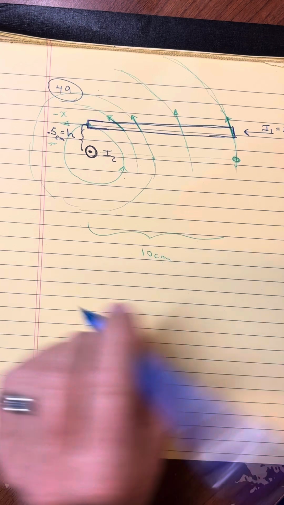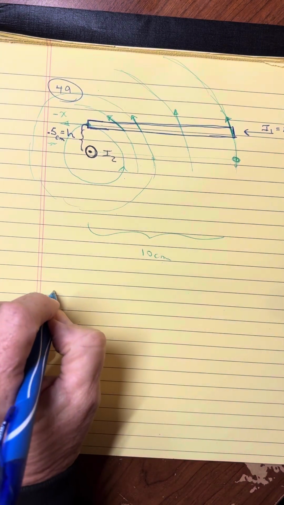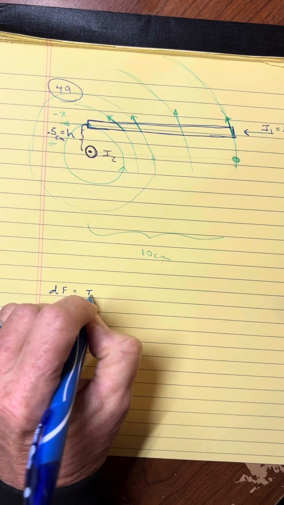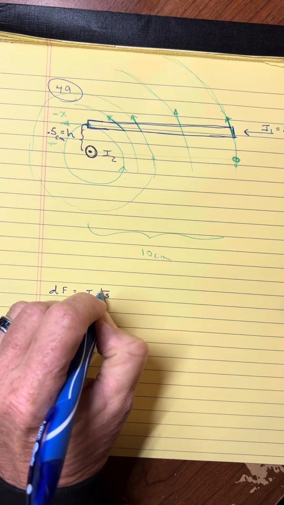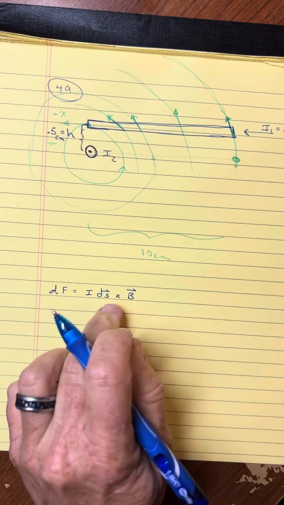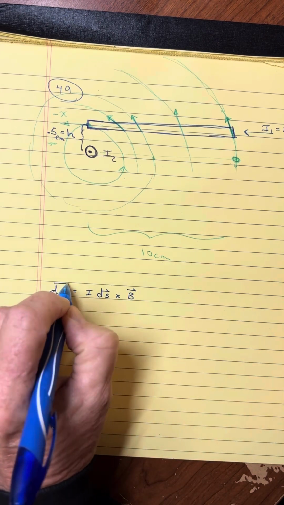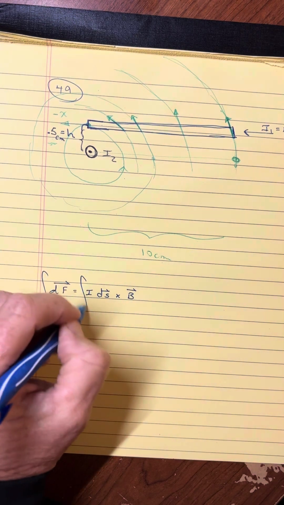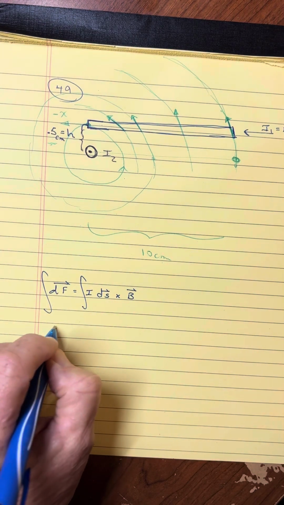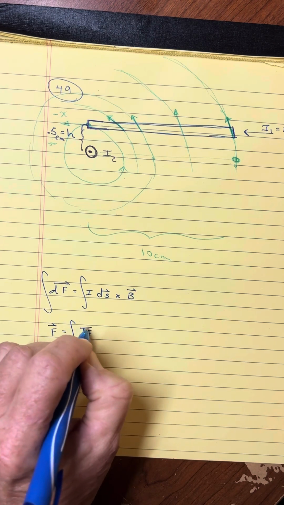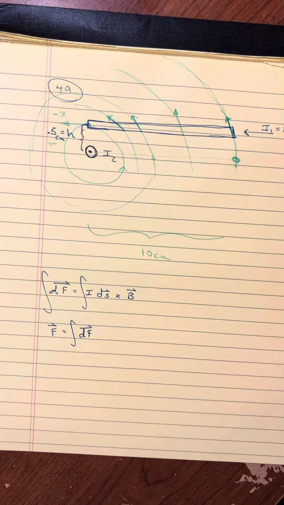All right, well, maybe you remember this nice little equation that we worked out that says if you have a current and a small little section of that current, and you cross it with the B field at that small little section, you will get a small little force. And so if you wanted to get the total force, you would just add it up. And that's what I want to do then.